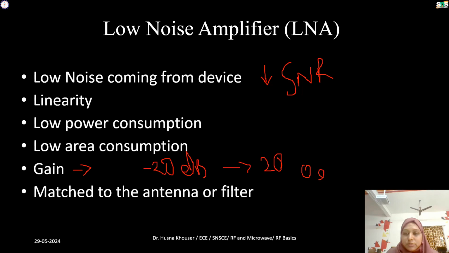So the gain plays a major role when designing the LNA, and then the matching of the antenna and the network. So the matching parameters also play a major role in the receiver system. This gain and matching are important parameters for the LNA.